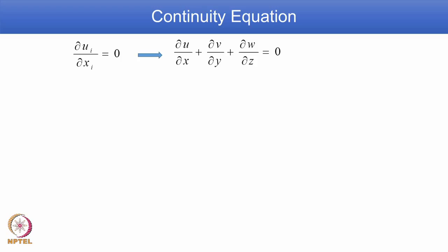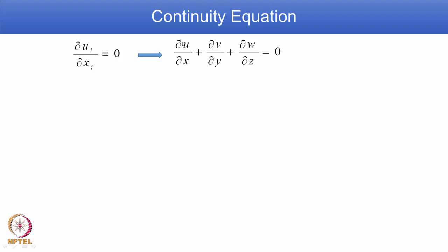We know there are two main equations, one is the continuity equation, the other one is the momentum equation. We will explain in detail how to derive the continuity equation for turbulent flow. First, what is shown here is the continuity equation in general.